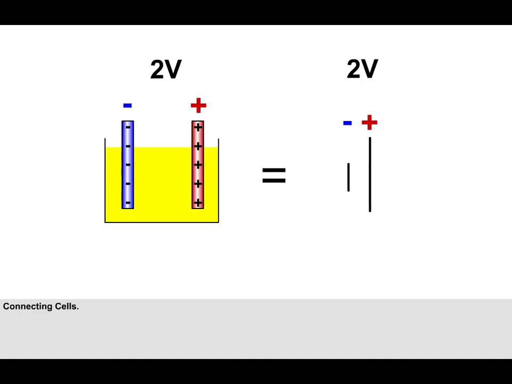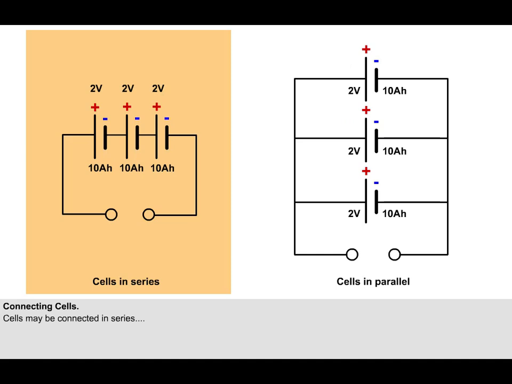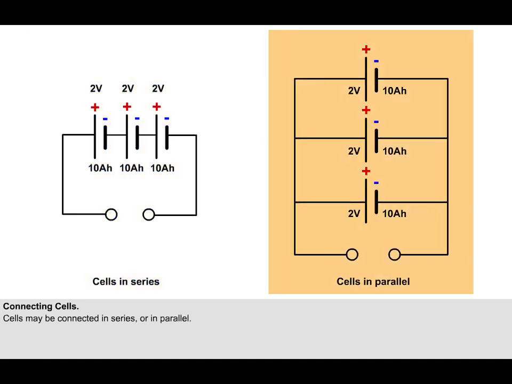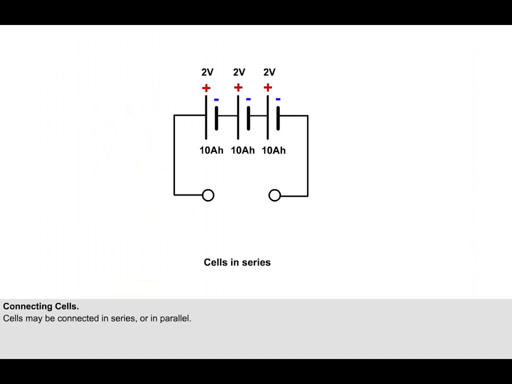A single-cell battery may be used on its own, or cells may be connected in series or in parallel, depending on the voltage and capacity required. For cells connected in series, the positive terminal of one cell is connected to the negative terminal of the next, and so on. The total voltage is the sum of the individual cell voltages.